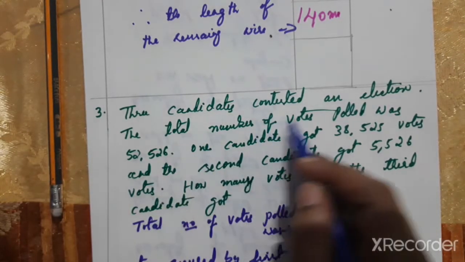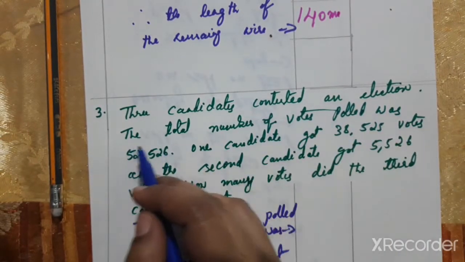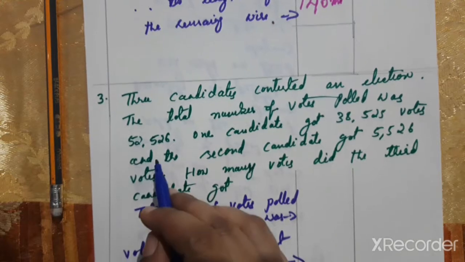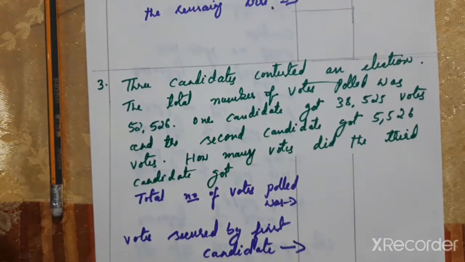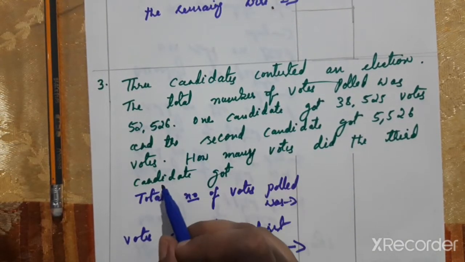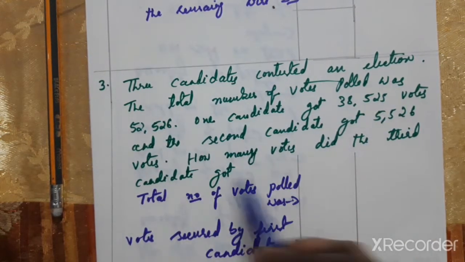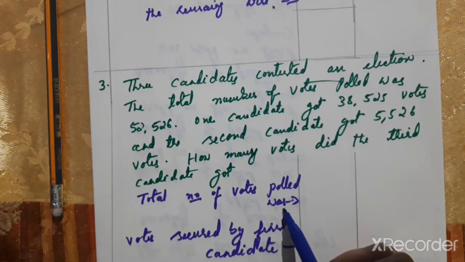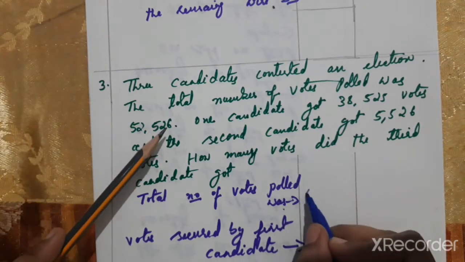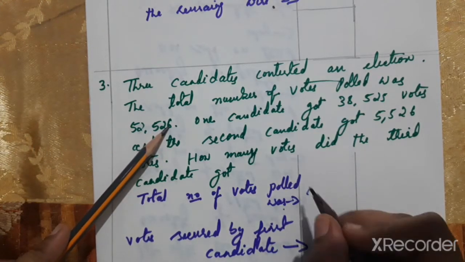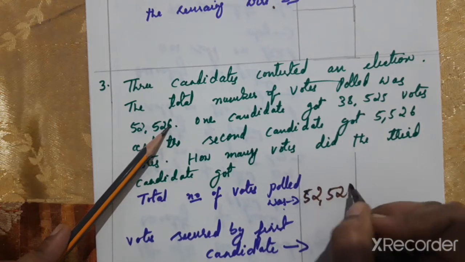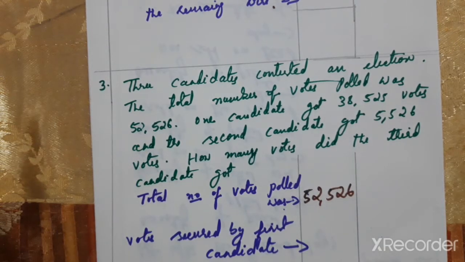Now sentence, the candidates contested an election, the total number of votes polled was. So write what is given in the question. Total number of votes polled, how much? 52,526.